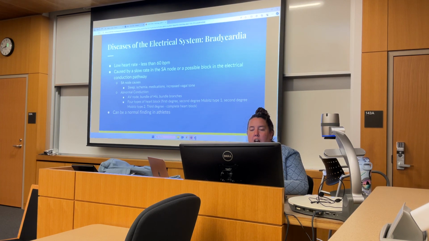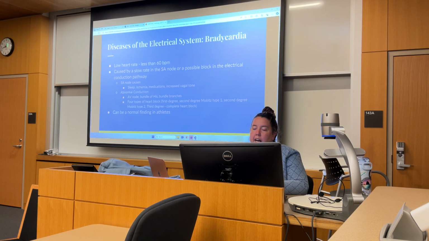All right. So it can also be caused by abnormal conduction. There can be all sorts of reasons that you could have abnormal conduction, and we're going to go into those. You could have abnormal conduction through the AV node, a particularly slow AV node, PR segment.